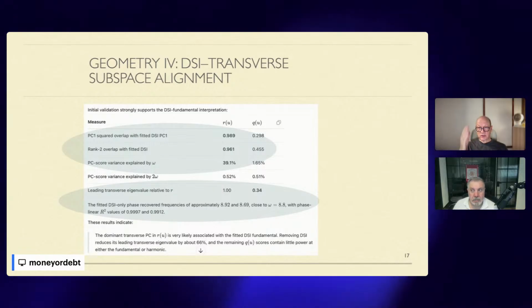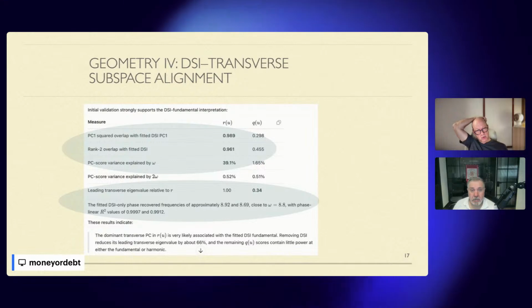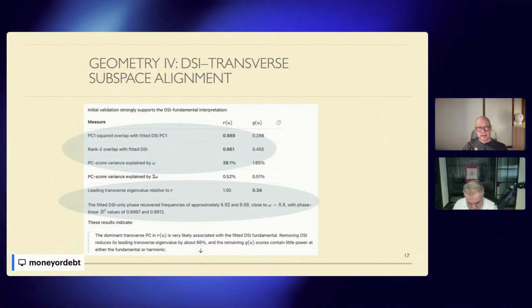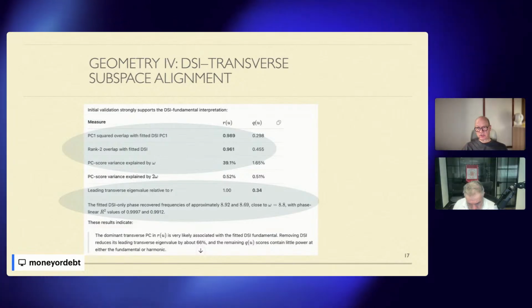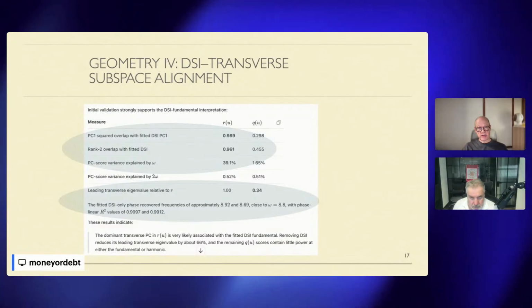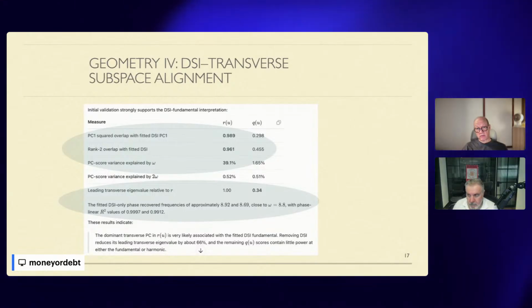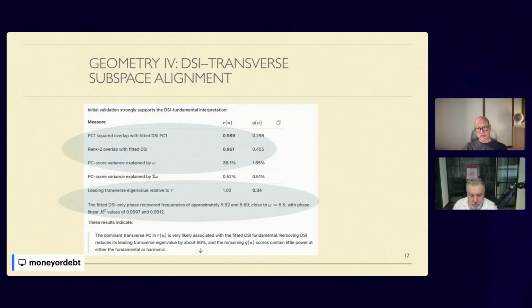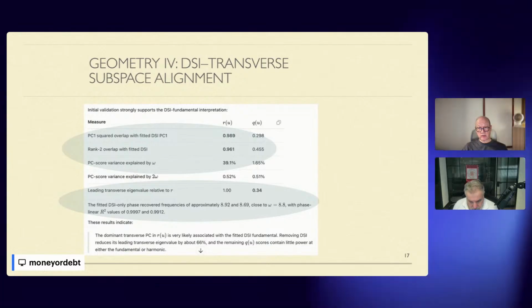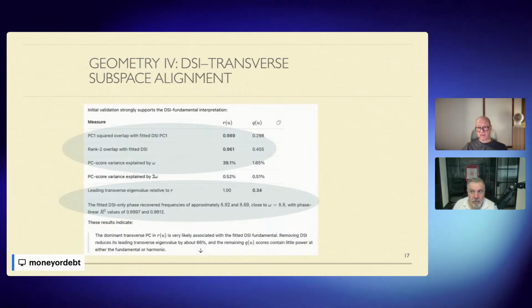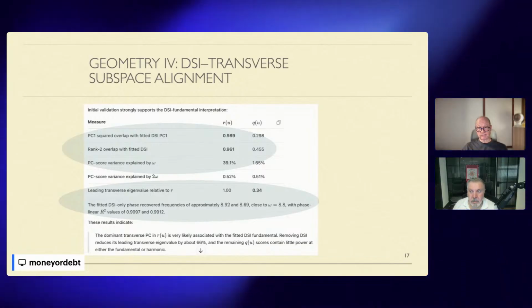And then when you move to the Q, you've removed DSI, and so those numbers drop dramatically, and you're only at 1.65%, which is basically like random behavior. And you can fit frequencies and you get very close. They're 8.9 and 8.7 for the fundamental mode, close to what we originally found for DSI of 8.8.